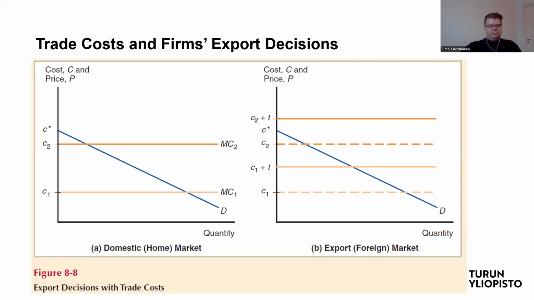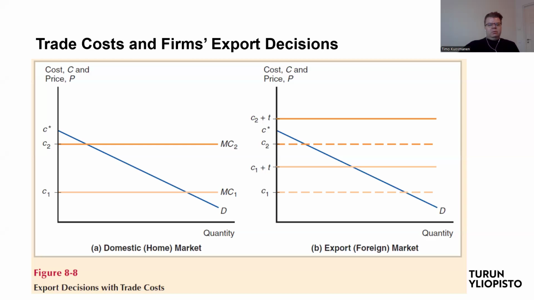But anyway, at least in principle the company can set the price at the level of the marginal cost, and this second firm, number two, has a higher marginal cost, so it cannot produce. So definitely the first firm will have a larger market share in the domestic market.